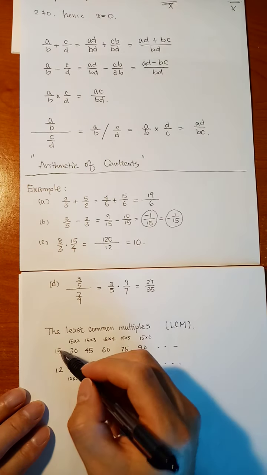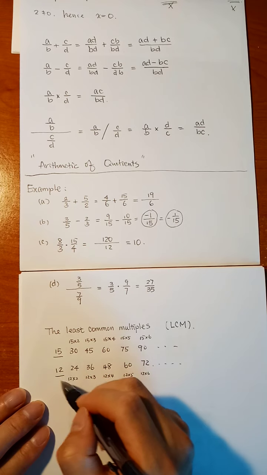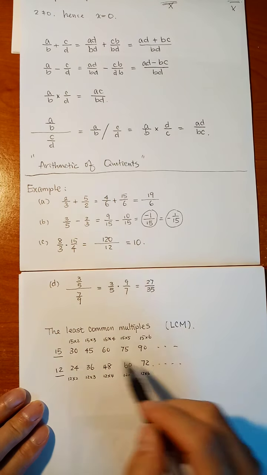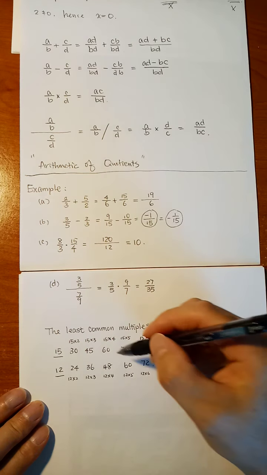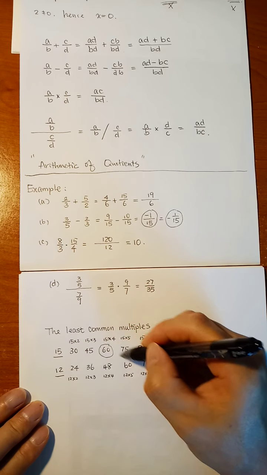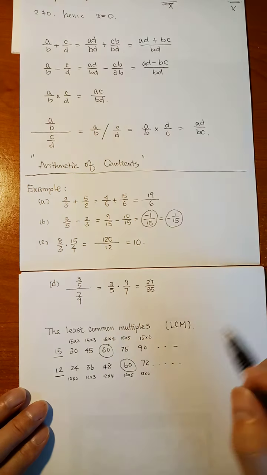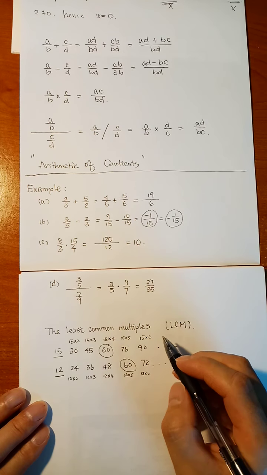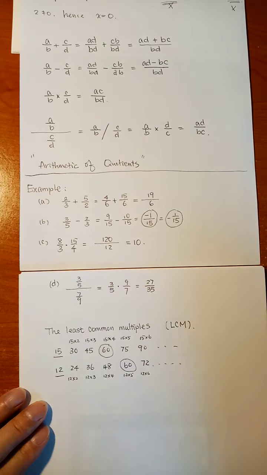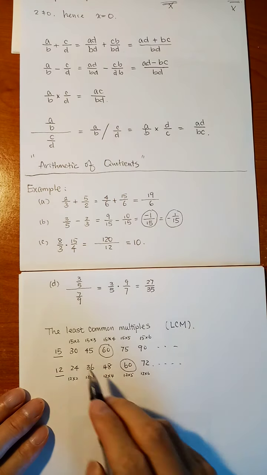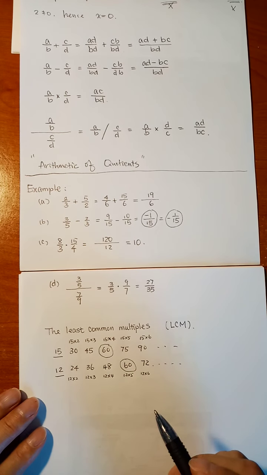So 15 and 12 have two chains of multiples. You will see this one as the first repeated one, the first common one. And actually, if you do more, you will see there are others. 120 is also a common multiple.